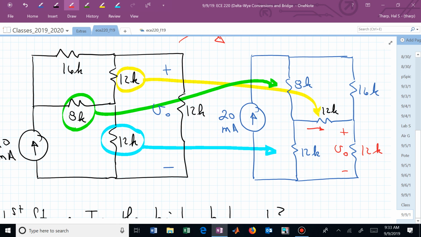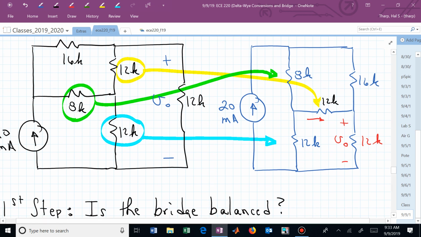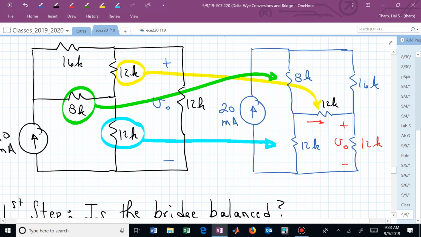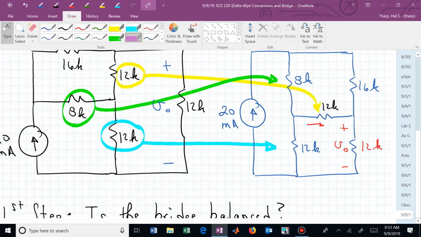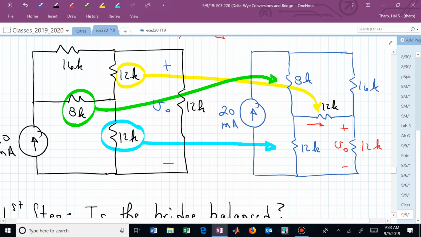And we will show in a little bit that a way to check if a bridge network is balanced is to, I'm running out of colors, but bear with me, this is going to be very bright, look diagonally across the bridge and form the product of resistors.